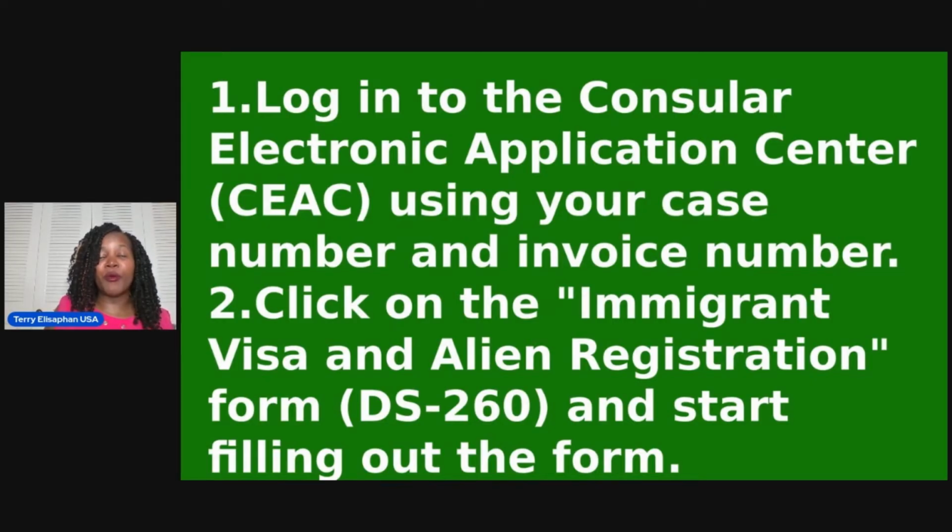Because after people win the green card, they provide the case number, and each individual has their own unique number. Okay, and after that, you're going to click on immigrant visa and alien registration. You have to be specific on this one, and this will take you to the DS-260 form, and you're going to start filling out the form.